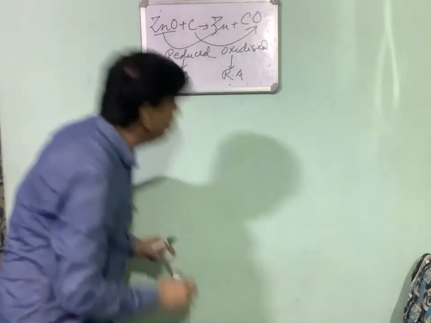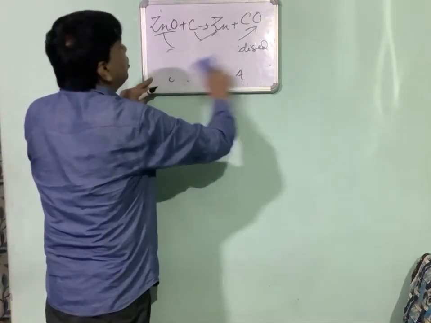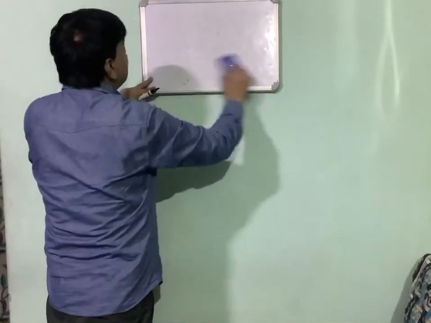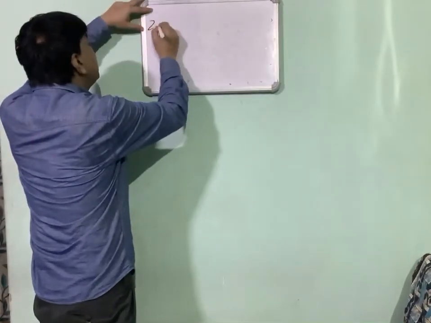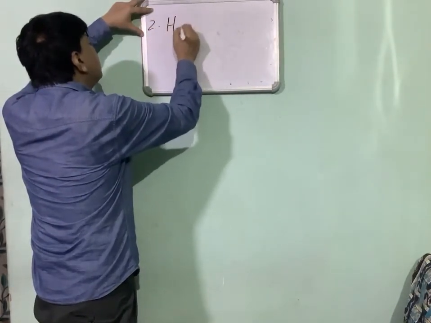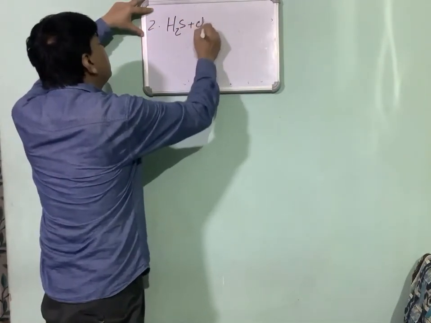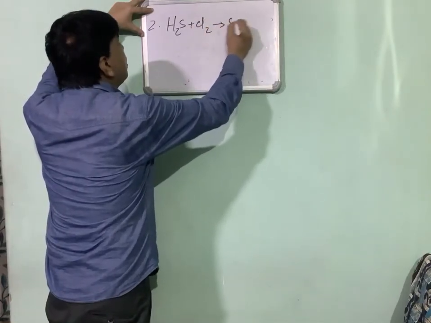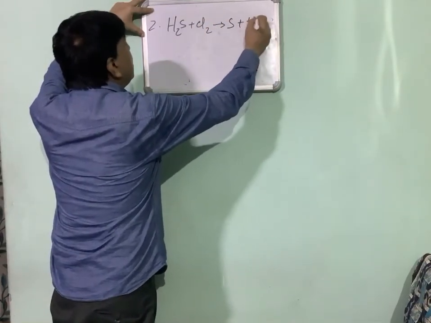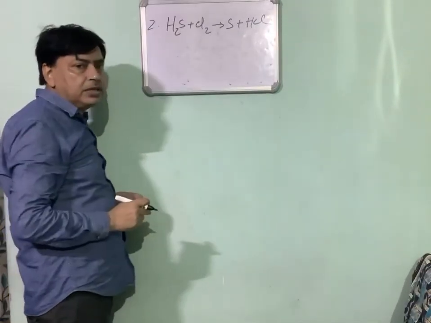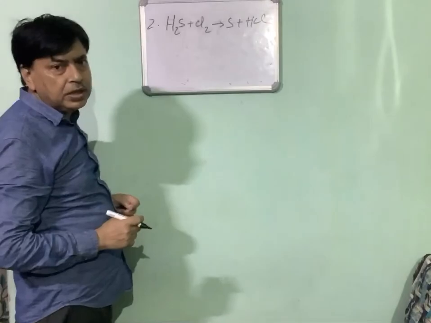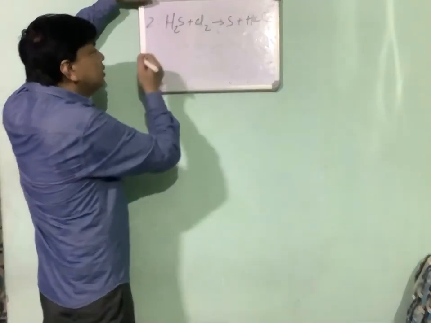Next example. See the second example. H2S plus Cl2 gives S plus HCl. In this reaction, which substance is oxidized and which substance is reduced? Let us see.